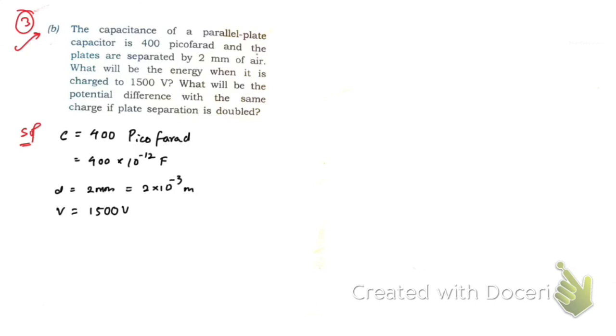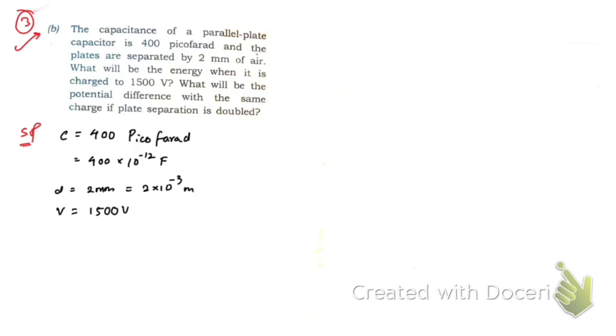Okay, so what's going to be the energy? What is the question here? What will be the energy when the plates are charged up to 1500 volt, right? So here you see, let me write: find the energy.